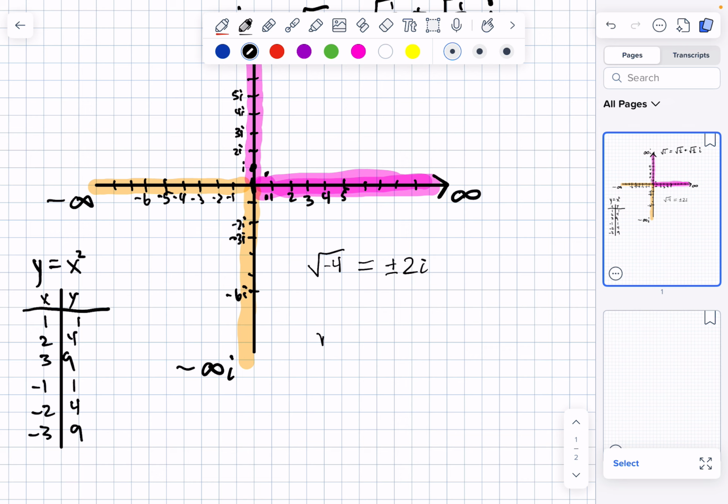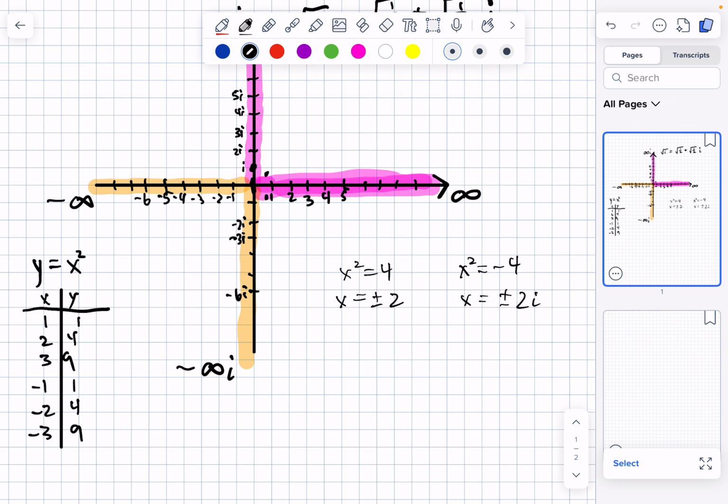Like the square root of 4 equals plus or minus 2. Well, that's not really true. Actually, let me rewrite this. If x squared equals 4, then x equals plus or minus 2. If x squared equals -4, then x equals plus or minus 2i.